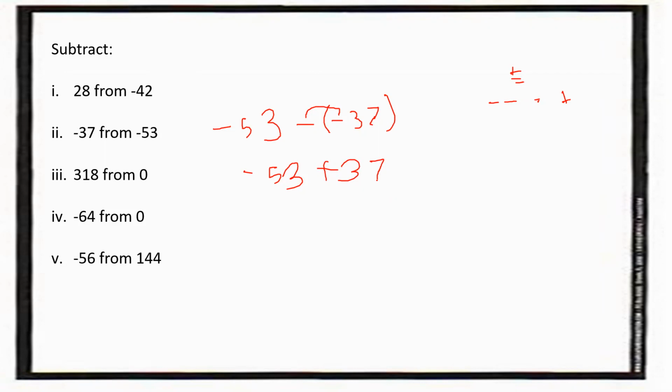Subtract it, and I'm showing the answer. Yes, it will give you 16. When you subtract 53 minus 37, you get 16, and the sign will come of the greater number. 53 is greater, so it will be minus 16. Okay.